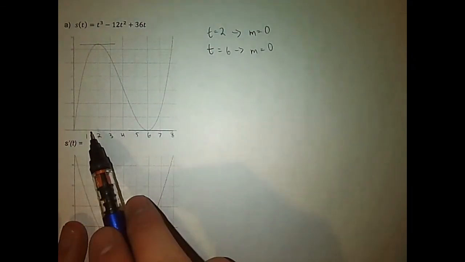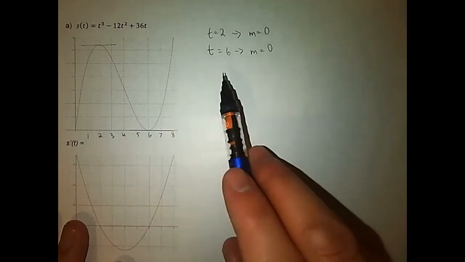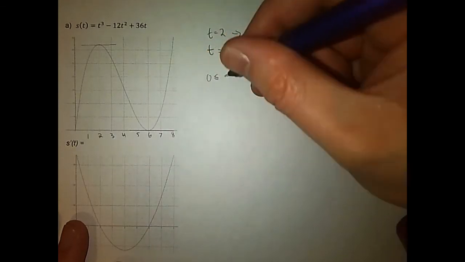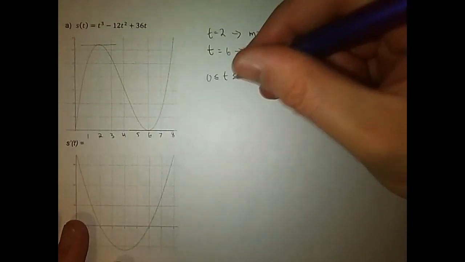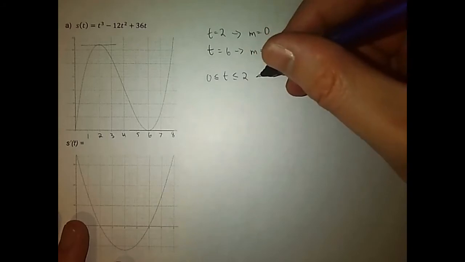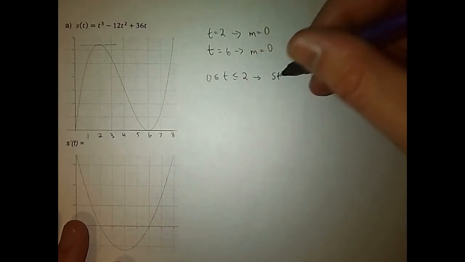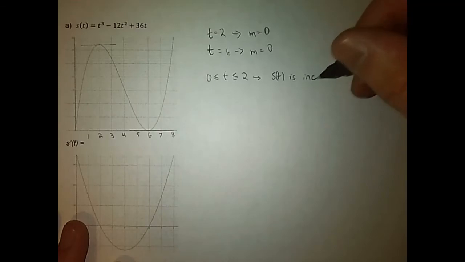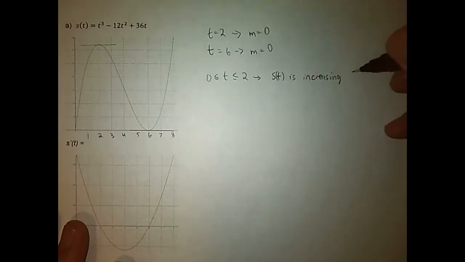I see that it's increasing from here going up to here. So we can say when t is greater than or equal to 0 but less than or equal to 2, s at t is increasing. You're probably wondering, why do we need to know where it's increasing and decreasing? Well, we'll see in a second.